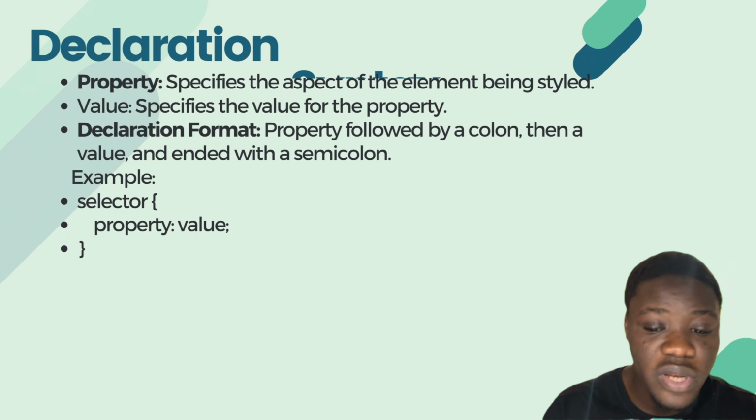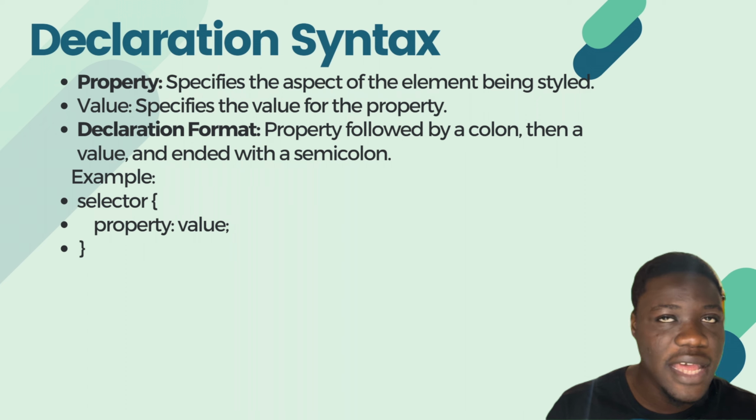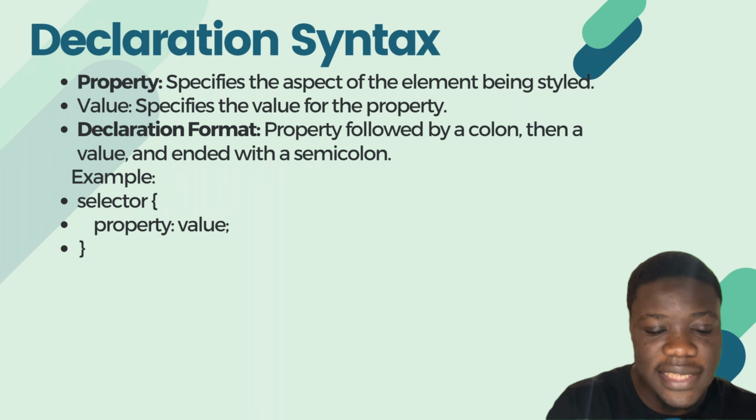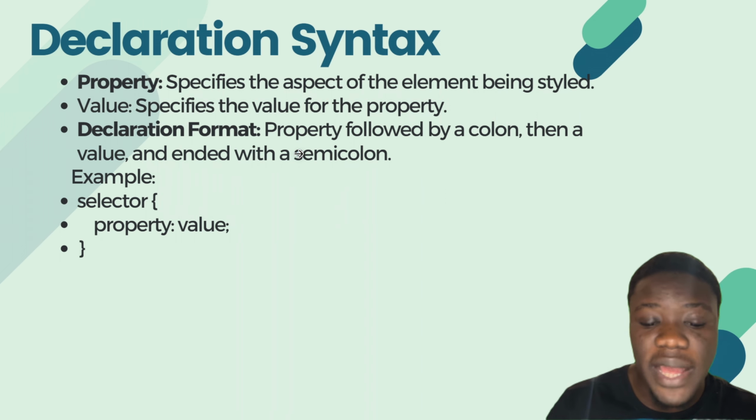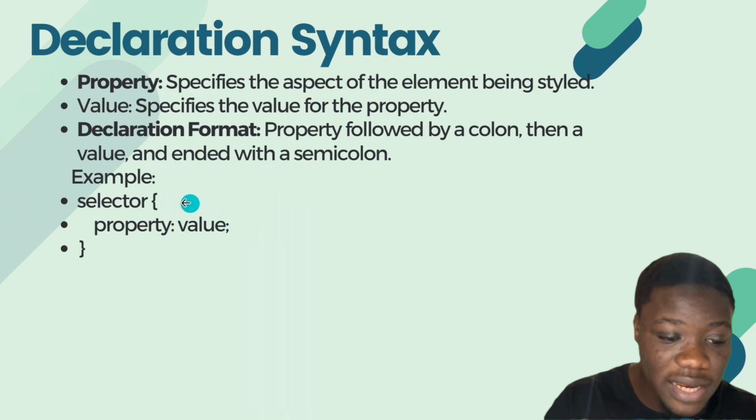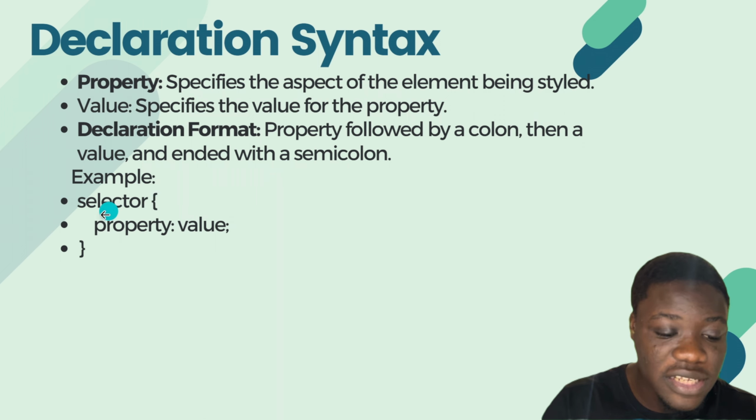So let's move on and talk about declaration and syntax. We are still talking about the syntaxes we have here. So we are talking about the property and the purpose: we have to use the selectors, the property and the value. The declaration format is a property followed by a colon, then a value, and ending with a semicolon.